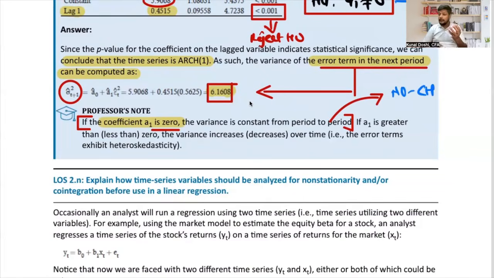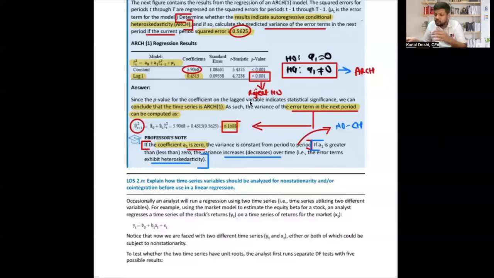Correct? No ARCH. But if it is greater than or less than 0, then there is conditional heteroskedasticity. Clear? Right? Now, based on what we discussed, how the exam questions will look like, very easy.